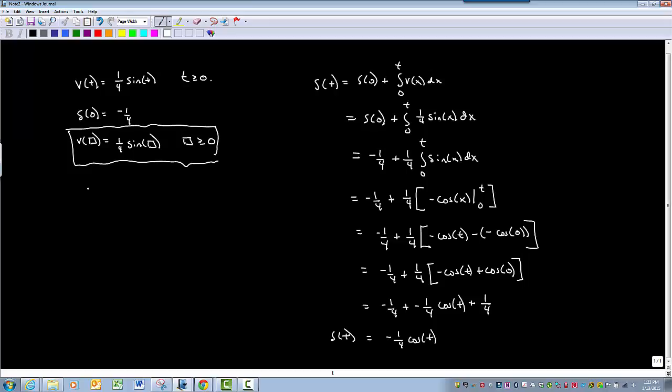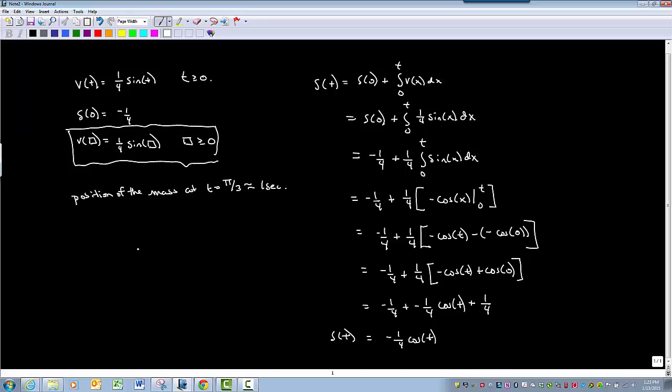So for example, if I want to know what is the position of the mass at time, let's say, oh, I don't know, I'll use something nice here. Let's do pi over 3. This is roughly 1 second, right? Pi is 3.14 divided by 3, so roughly 1 second.